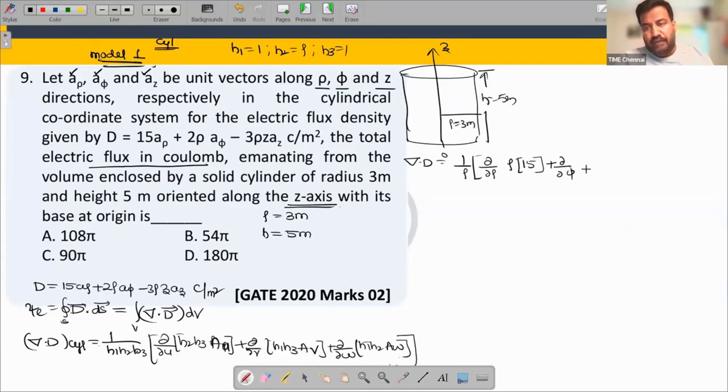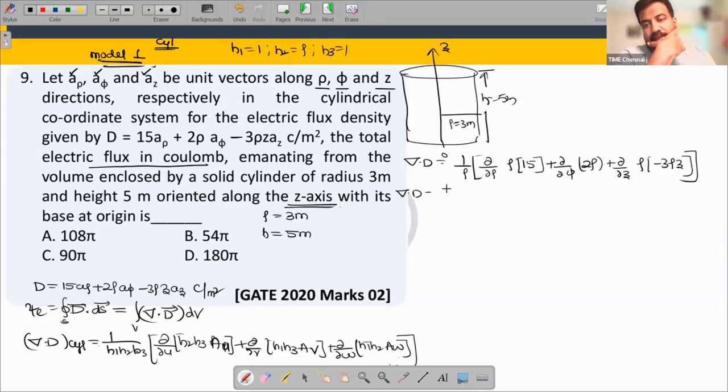Plus dou by dou phi of A phi, which is 2 rho, plus dou by dou z of rho times A z, which is minus 3 rho z. Please do not forget this minus. If you forget the minus, it will be a disaster.